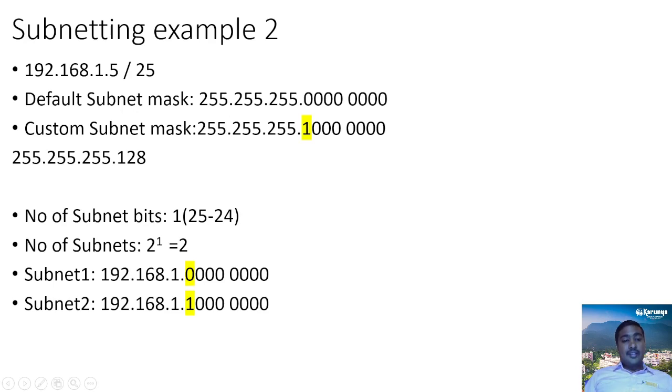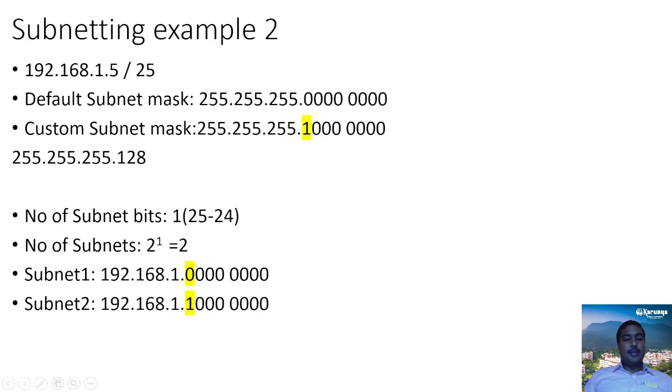So how will I know where the subnets will start? Here it could be either 0 network or 1 network, because this is a significant bit. As I have given it to the network part, this could be 0 or 1. So the range of IP address could start from 192.168.1.0, and it will end with 192.168.1.0 followed by all ones.